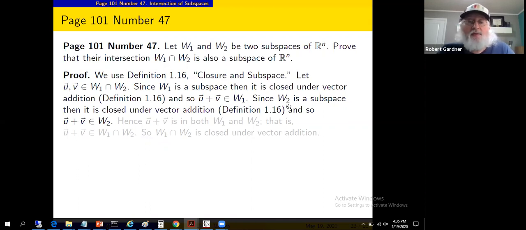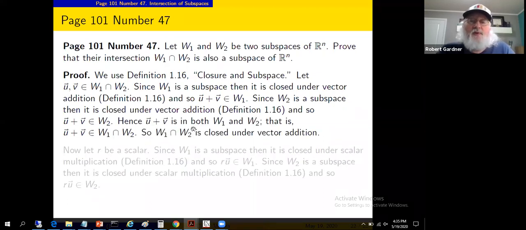It's a subspace, so it's closed under vector addition. So if u and v are in W2, then u plus v is also in W2. We'll get a similar kind of behavior with scalar multiples as well. So u plus v is in both of these. It's in W1 and it's in W2. In other words, it's in the intersection of W1, W2. And that intersection is closed under vector addition.